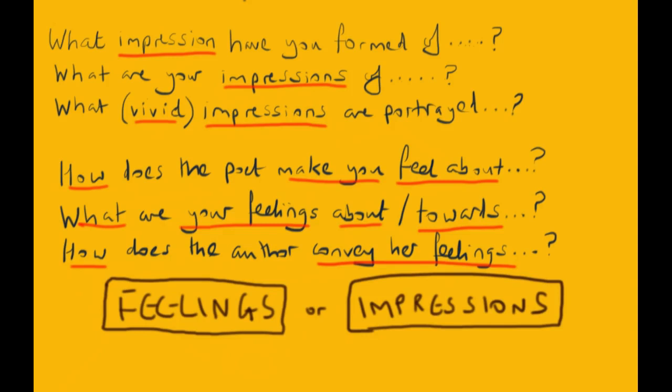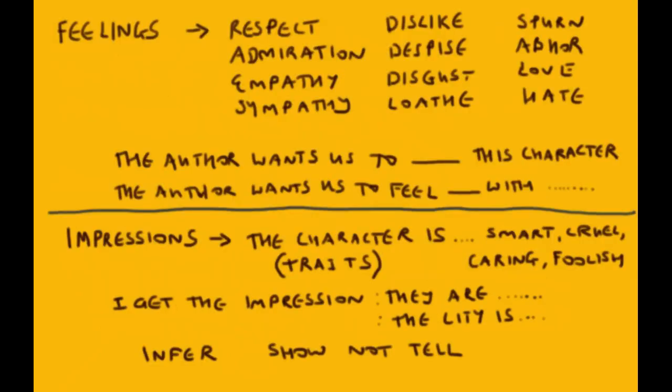Let me clear the screen first and then we'll talk about them some more. Okay, so let's have a look at feelings and impressions in a little bit more detail. I've written on this page some of the key points that I think we should be looking at when we're talking about these two things. Okay, let's start with feelings. When a question asks you for feelings, I think the key ideas that you want to be talking about are these four here.